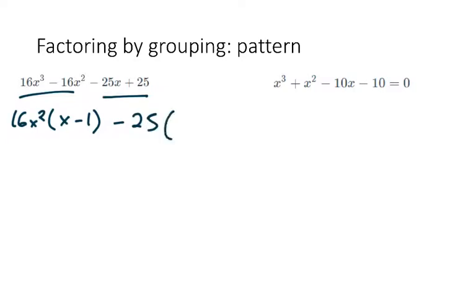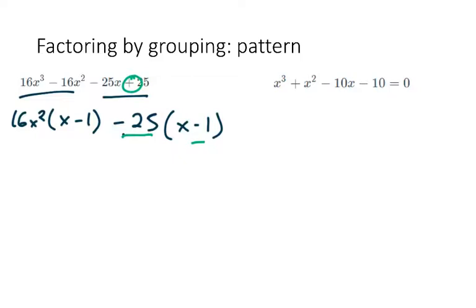And here's what's weird, and I want you to notice this. If we're going to pull a negative out of a positive, because a negative times a negative is a positive, that's going to make an x minus 1. That's kind of counterintuitive, but if you multiply it back out, the negative 25 times x is going to be a negative 25x, and the negative 25 times the negative 1 is going to make a positive 25.